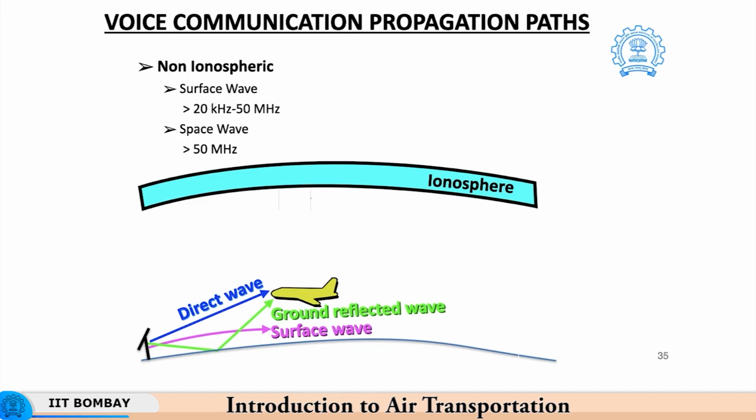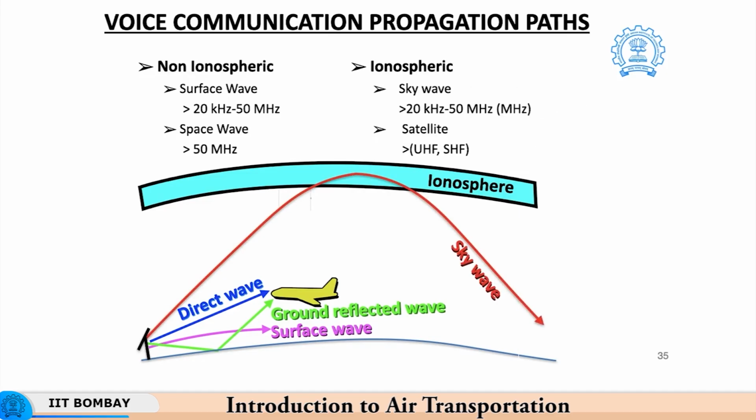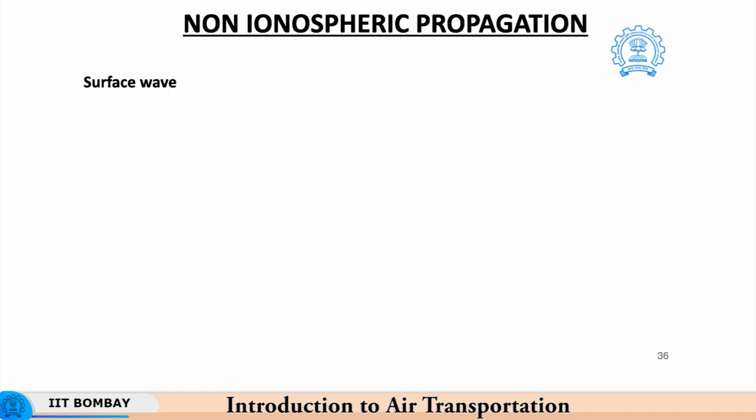The surface waves are the waves that follow the path of the earth, whereas the space waves are the ones that reach the aircraft in a direct fashion or in an indirect fashion through reflection from the ground. The second propagation path is called the ionospheric propagation path. These are used by two different types of waves, that is the sky waves and the satellite waves.